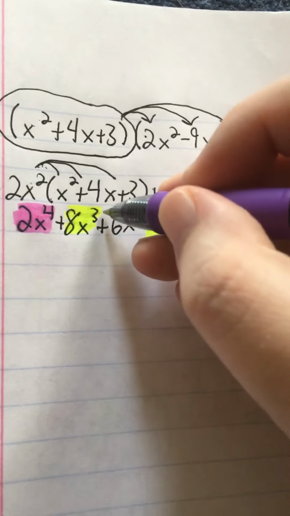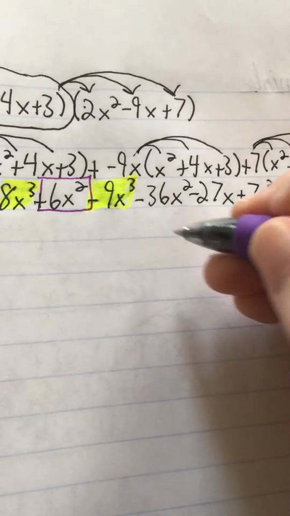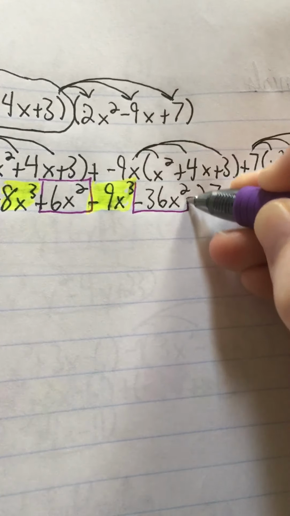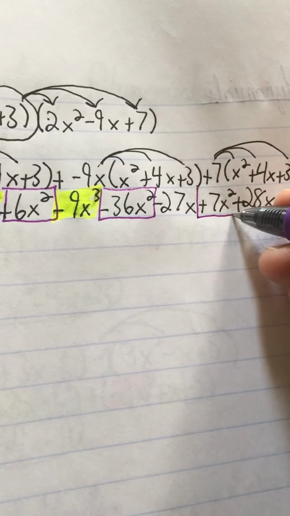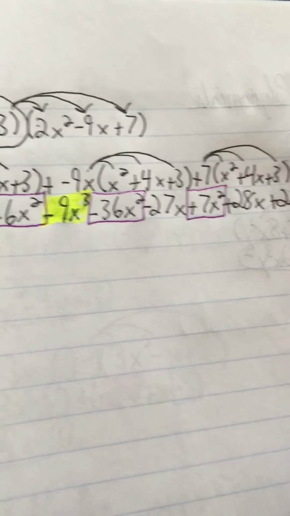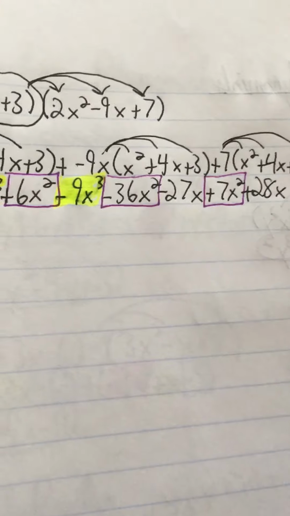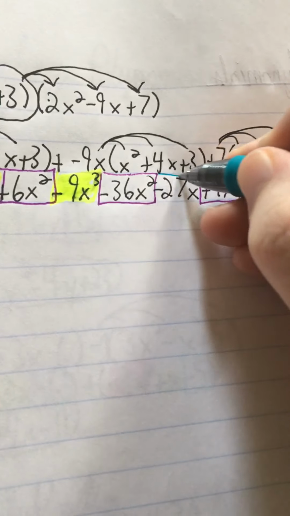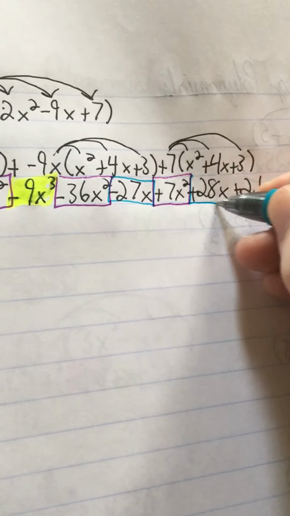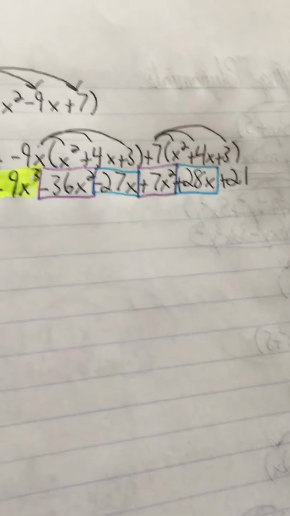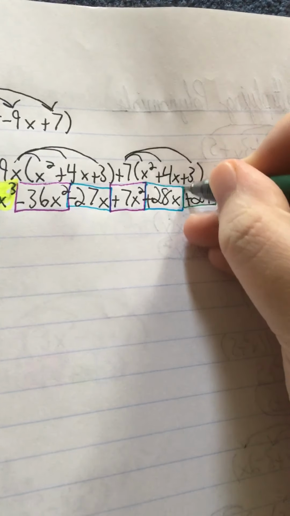And then we have a 6x squared. We have a negative 36x squared. A positive 7x squared. And that's it for our squared terms. And then we have a negative 27x and a 28x. And then we have one lonely green term of 21.